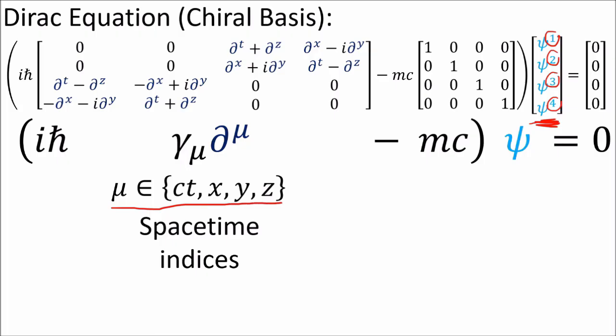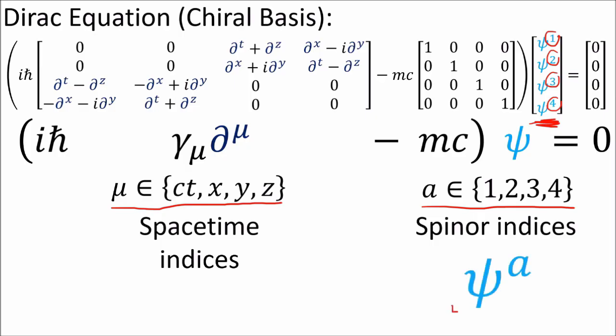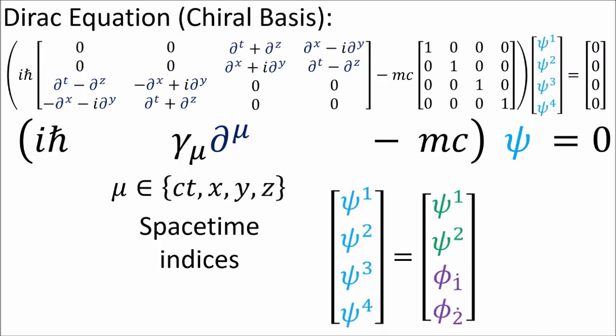In many sources, it's common to write spacetime indices using Greek letters, and write spinor indices using Latin letters from the beginning of the alphabet, like A, B, C. So we could denote the components of this Dirac spinor using a lowercase a as the upper index. I'll also mention that in the chiral basis, sometimes the 2 lower components of a Dirac spinor are written with lower dotted indices. I've already explained in video 9 that this is notation for parity transformations.